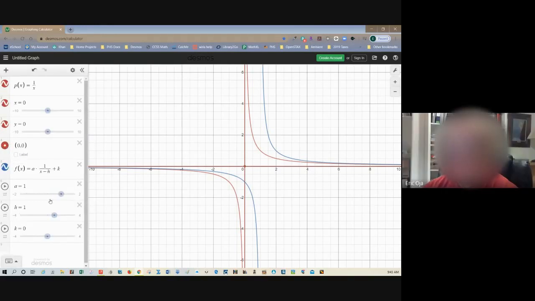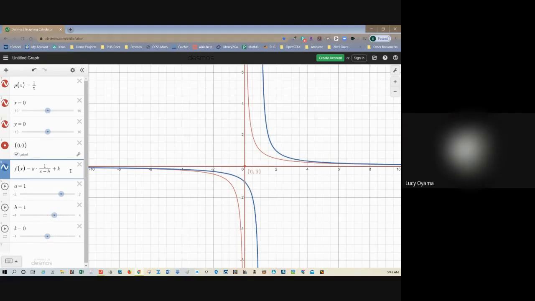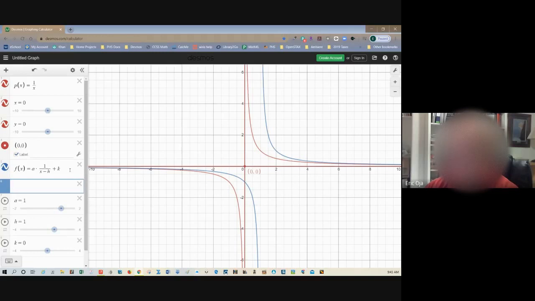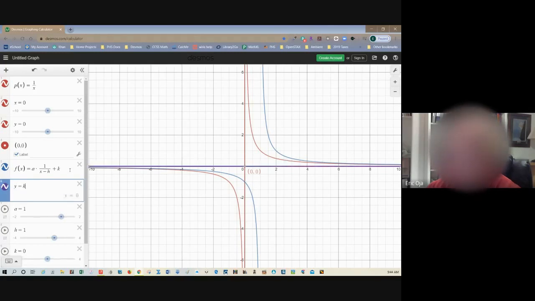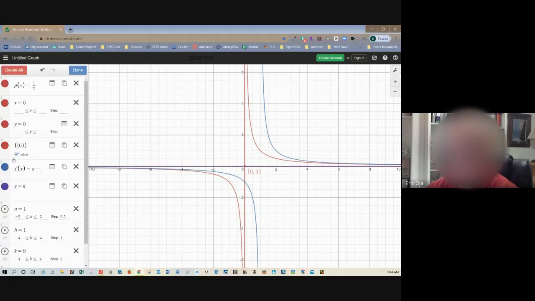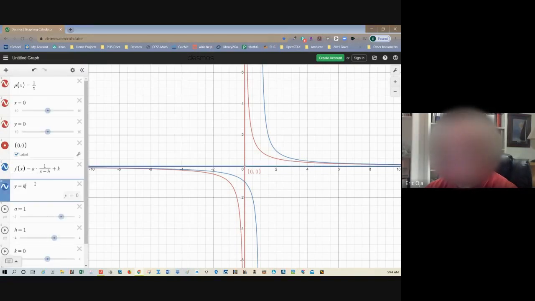Now let's do the same thing for the blue function. I'll make the horizontal line y equals k, and the vertical line x equals h.